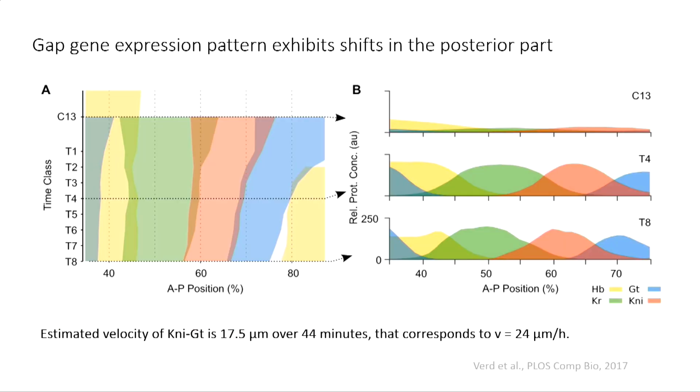One example we heard about a lot over these last days is Drosophila. In Drosophila, in nuclear cycle 13, the posterior genes, giant and Knirps, shift. And if you do the map, you find that they shift at 24 micrometers per hour.